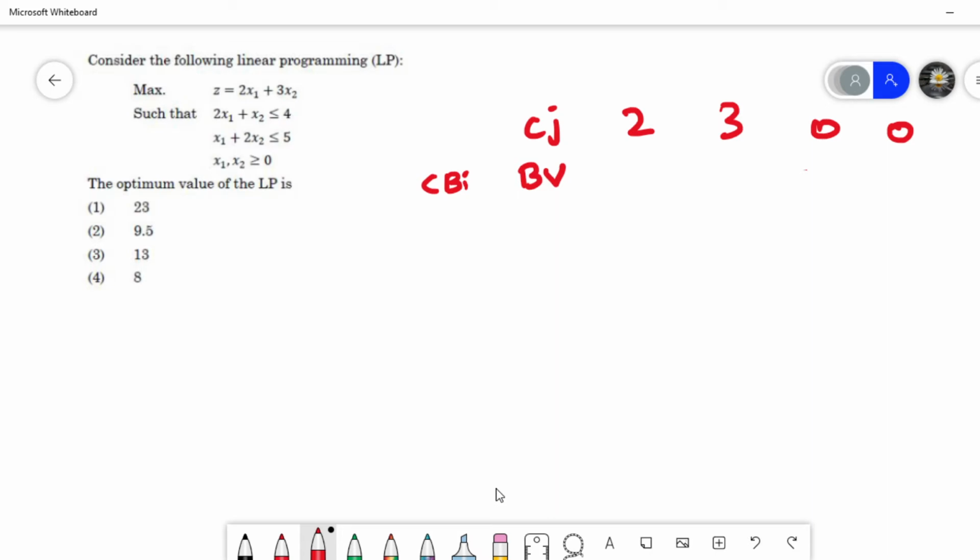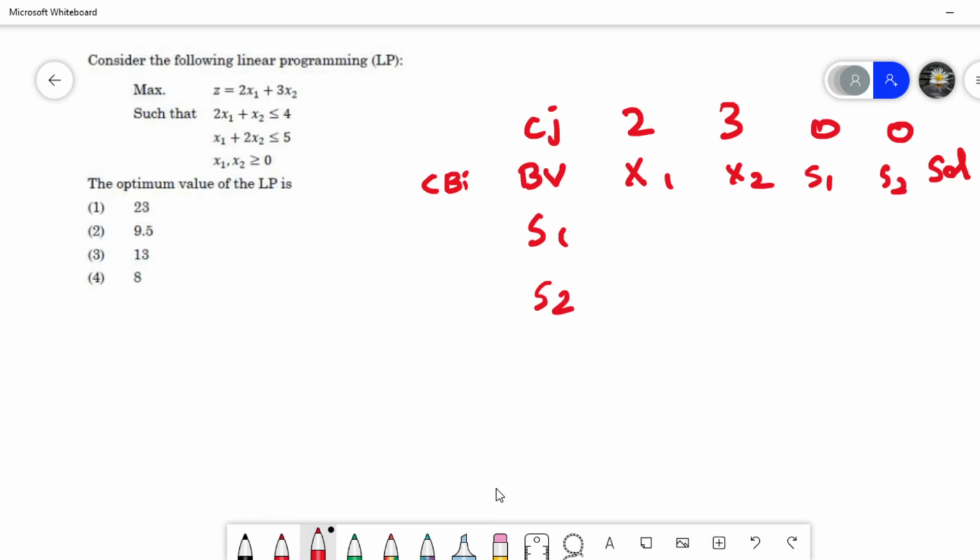So in Cj we are going to place the objective function values 1, 3, 0 and 0. Basic variable, then x1, x2, s1, s2, then solution. Under the basic variable column, we add the slack variables s1 and s2.